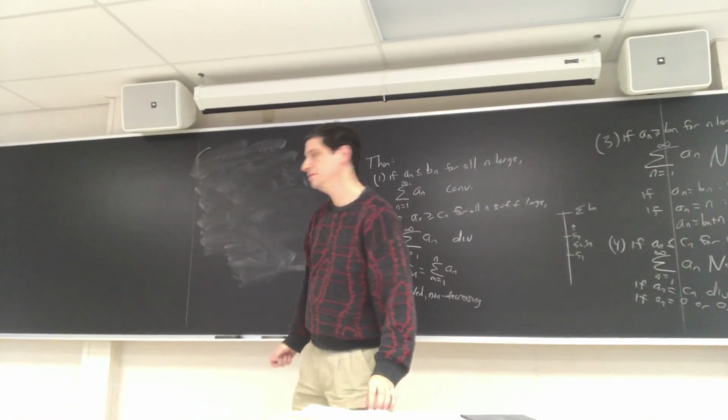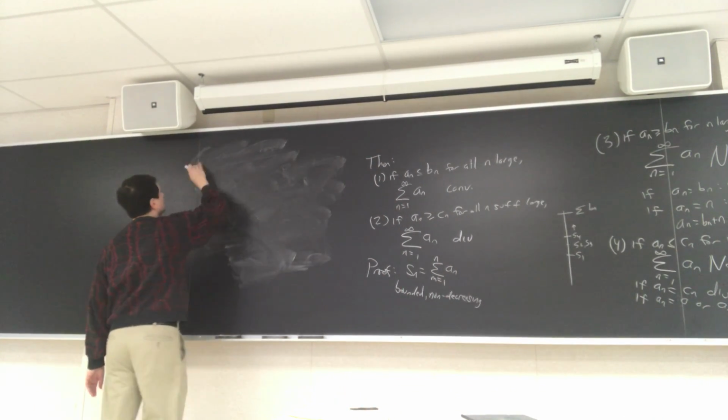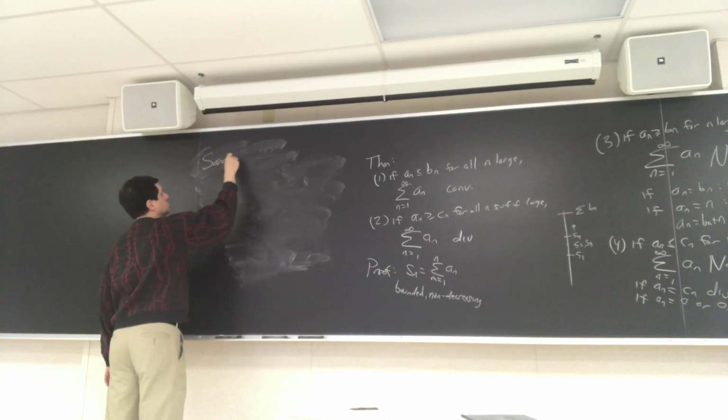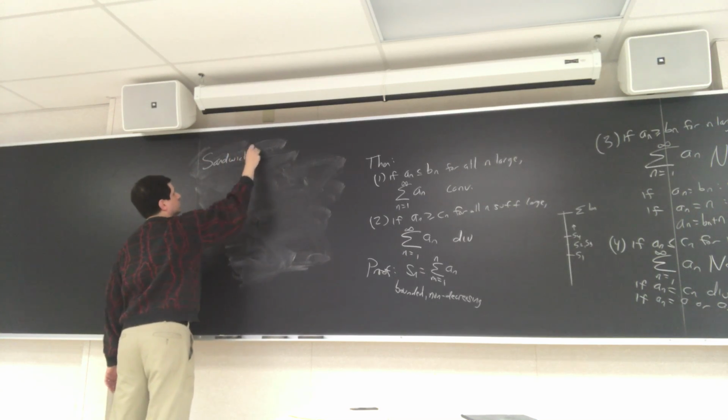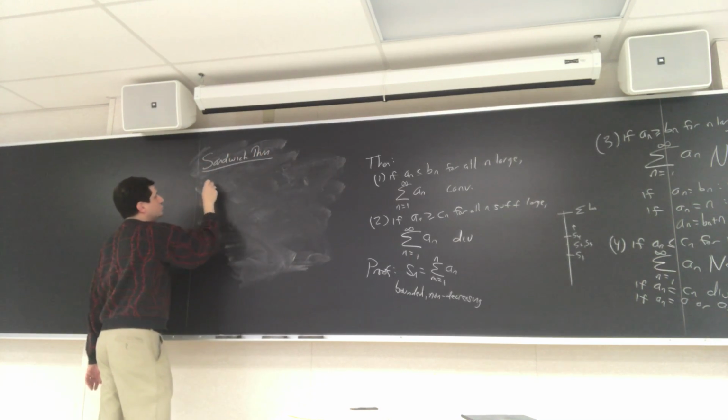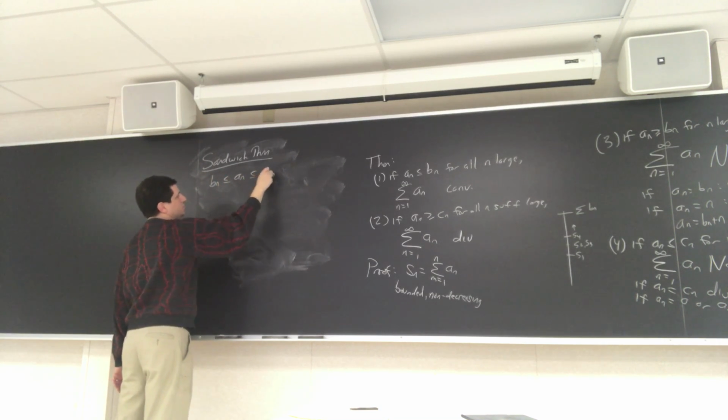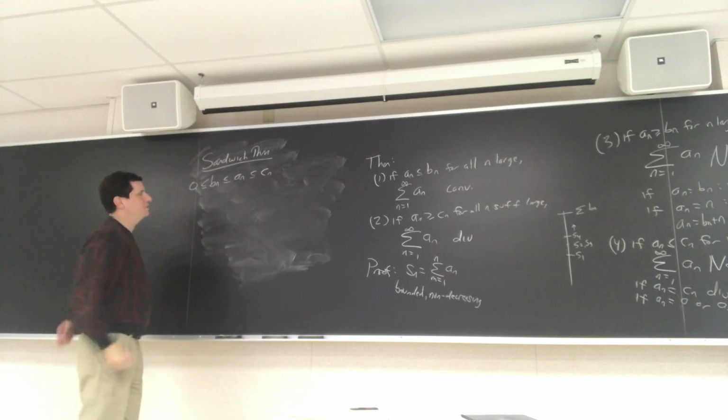So let's see. So let's say we have Bn less than or equal to An less than or equal to Cn, and say greater than or equal to 0.